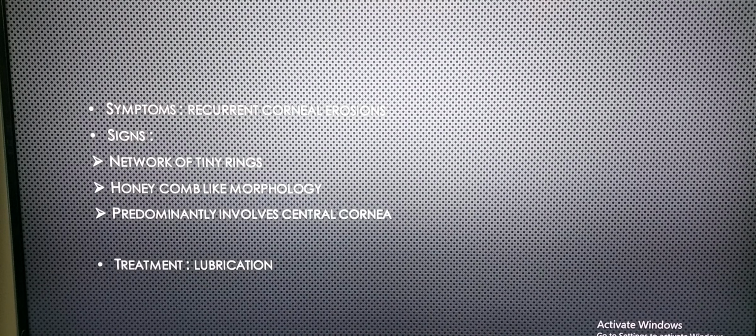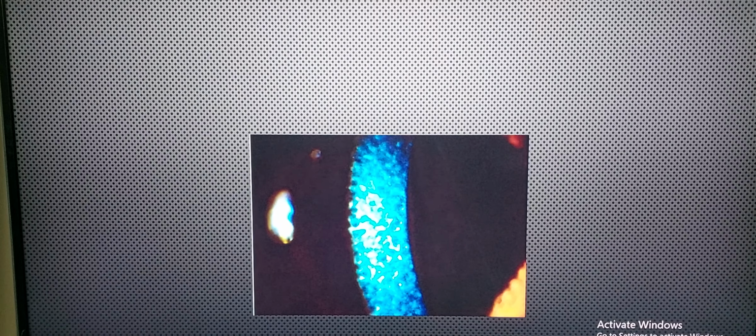Symptoms are recurrent corneal erosions, and signs show a network of tiny rings, honeycomb-like morphology, predominantly involving the central cornea. Treatment is lubrication for erosions. This is the characteristic pattern showing the honeycomb appearance.